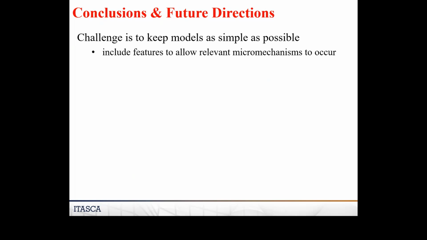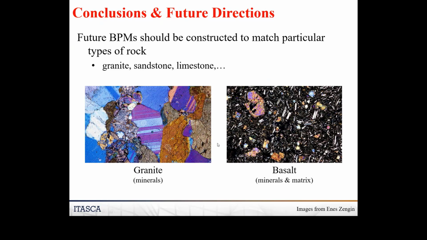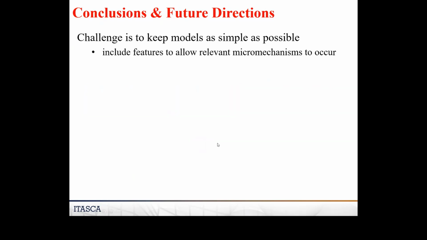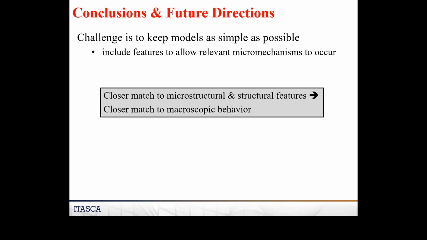And really what I want to stress is that as we start making these more complicated models, we want to try to only include the features that we need to get the relevant micromechanisms. That's because the guiding philosophy of this work is that the closer we can match the microstructural features, the closer we're going to match the macroscopic behavior.